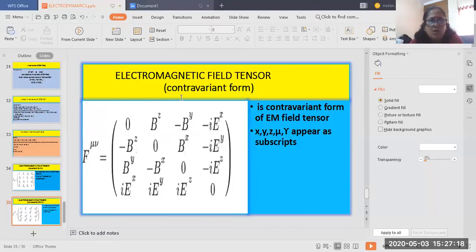This is called the contravariant form of the tensor. Here, what tensor are we studying? We are studying the electromagnetic field tensor. So this is the contravariant form of the electromagnetic field tensor. What is the condition? The variables should appear as superscripts, not subscripts. Typing mistake, I will write it here.